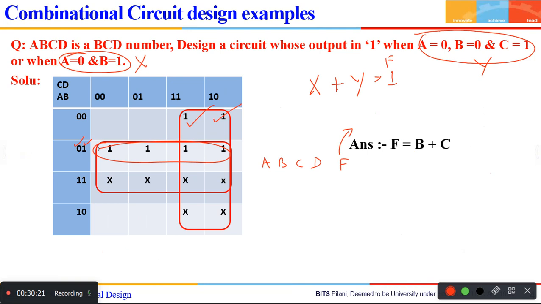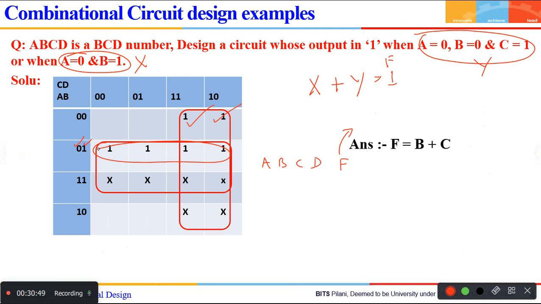You can put X in these other places, no problem. Those remaining inputs are not required at all. It is immaterial for us. Have you understood this? The remaining combinations which are not going to satisfy that are not required for us.